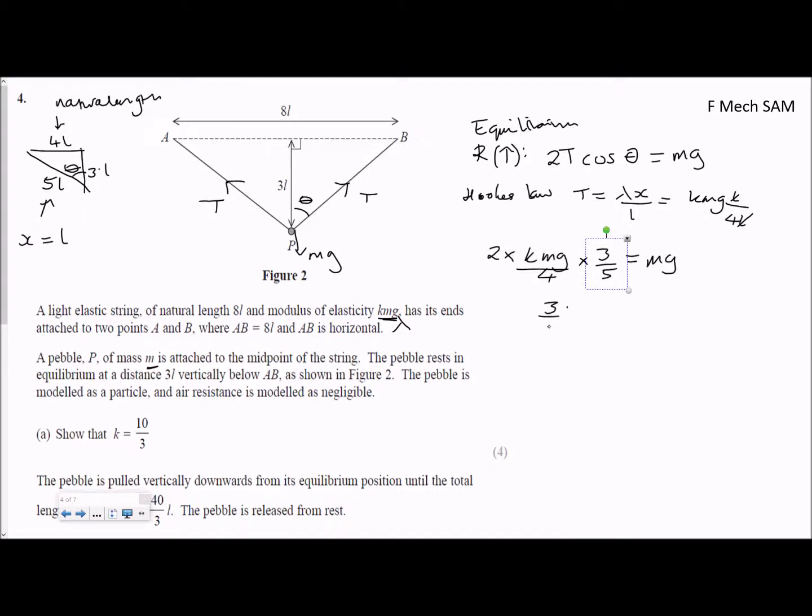So this is going to give me 3 over 10, mg is going to cancel, k equals 1, so I'm going to get k equals 10 over 3 as required. Always worth putting a kind of mini conclusion there.